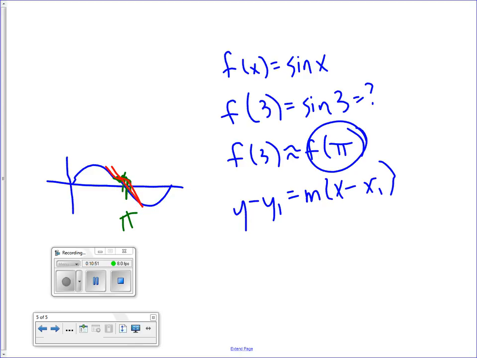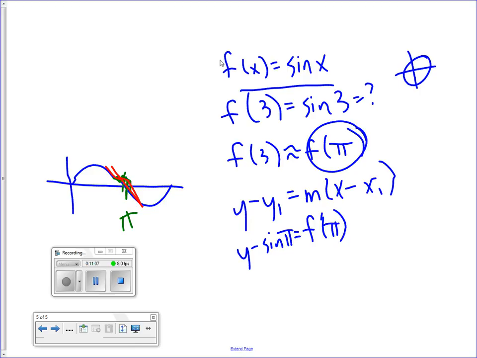So our original function is sine. So the sine of pi, right, we have y minus the sine of pi, and that's the output, equals the slope, that's the derivative, at pi, all times x minus pi. So the sine of pi, I'm going to pi on my unit circle, and the output sine y is 0.